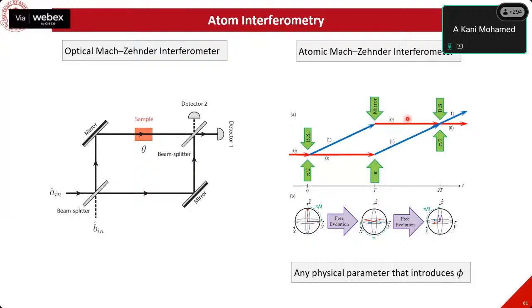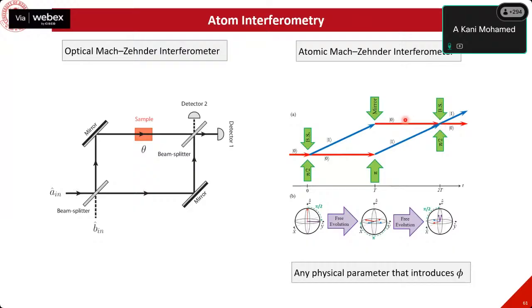And finally, we have to recombine. So again, we use a pi by 2 pulse. That pi by 2 pulse changes the excited state population to the ground state population. So everything now becomes ground state population.